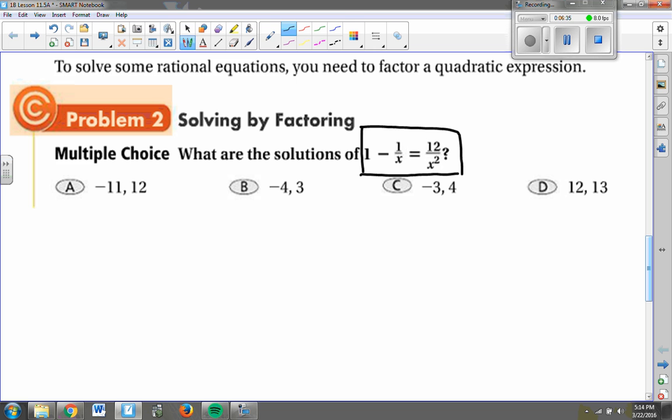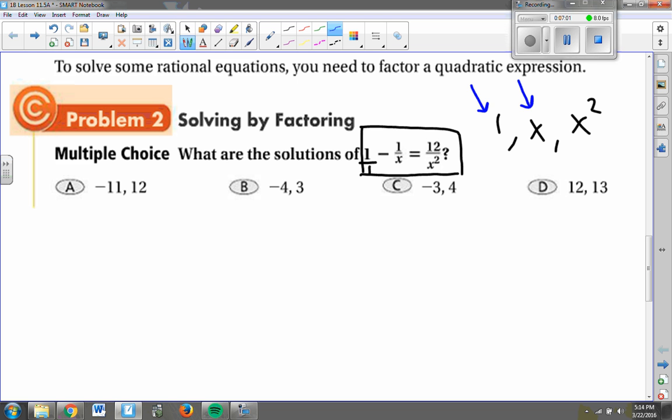So again, step 1 is to find the least common denominator. This currently has a denominator of 1, so my three denominators are 1, x, and x squared. Well, I could turn the 1 into an x squared very easily by multiplying by x squared. I could turn the x into an x squared very easily by multiplying by x. And then the third one already is x squared. So my least common denominator here is x squared.